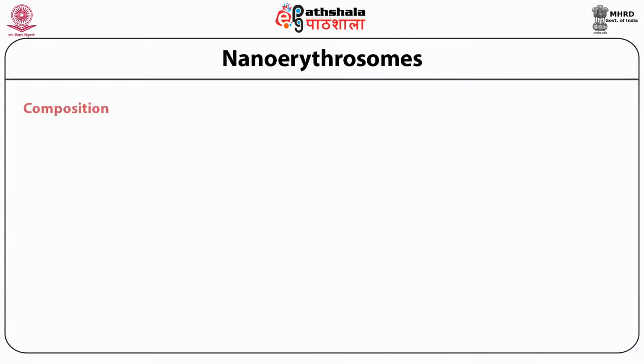Composition of nanoerythrosome cell membrane. Their membrane is made up of about 50% phospholipids, 25% protein, and 25% cholesterol.